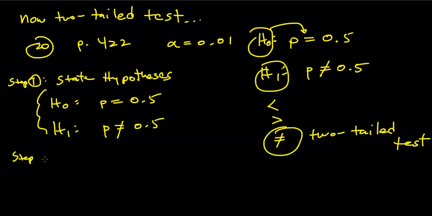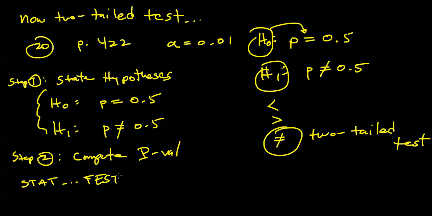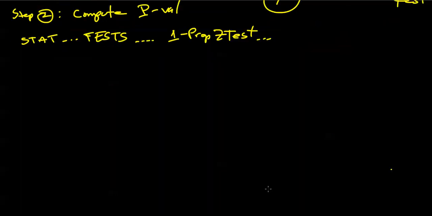We've done this at least twice before, so now step 2, we can compute the p-value. Again, we hit stat, select the test submenu, and the one proportion z-test command, and the calculator prompts us for some things.